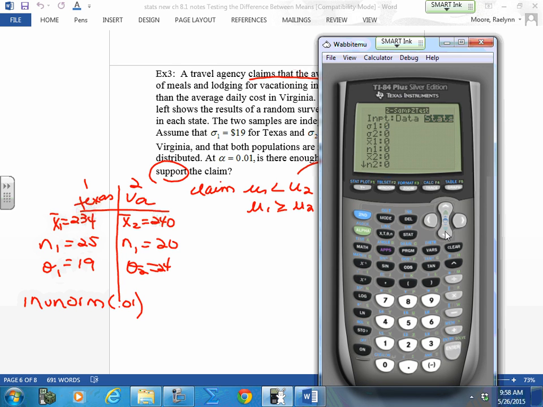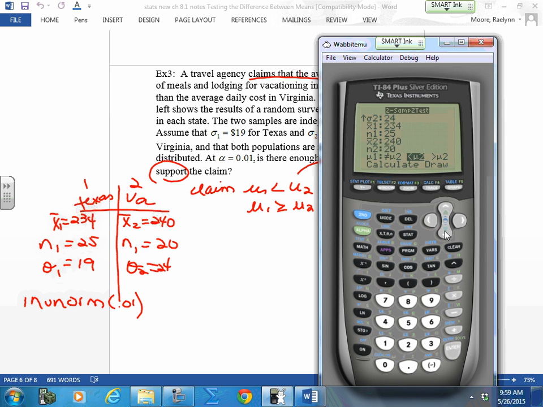Now, notice it asks for your standard deviations right up front. So we're going to put in your population standard deviation of Texas. We take it right off your chart. Your population standard deviation of Virginia. Then we enter our Texas information. Make sure you try this because it's probably foreign since we didn't see this for 4 or 5 days. 240. Again, this one had 20. And follow your tail. You're less than.